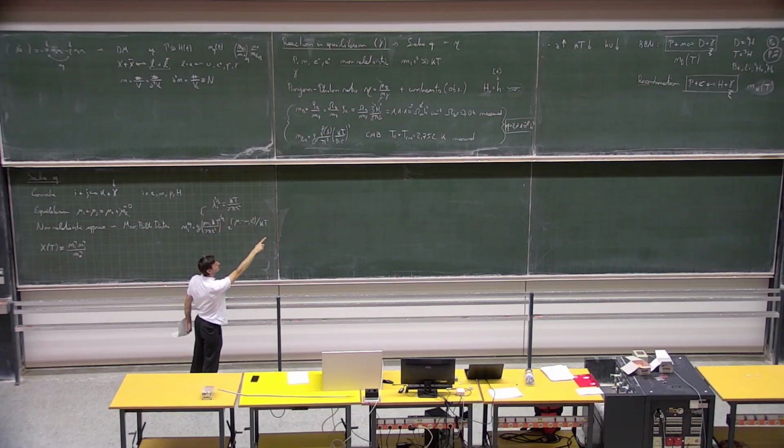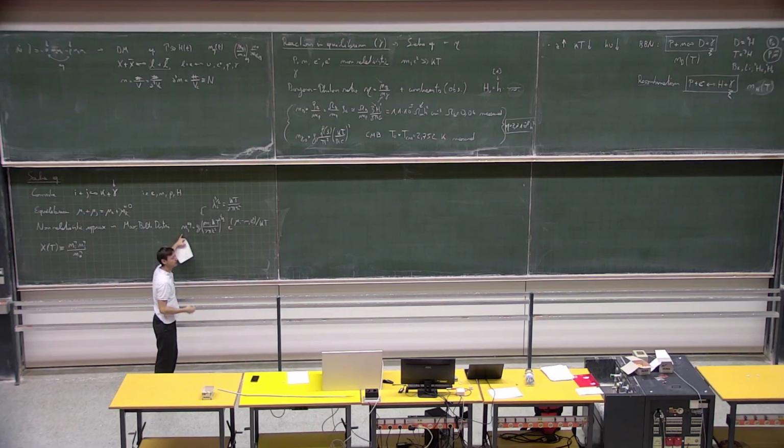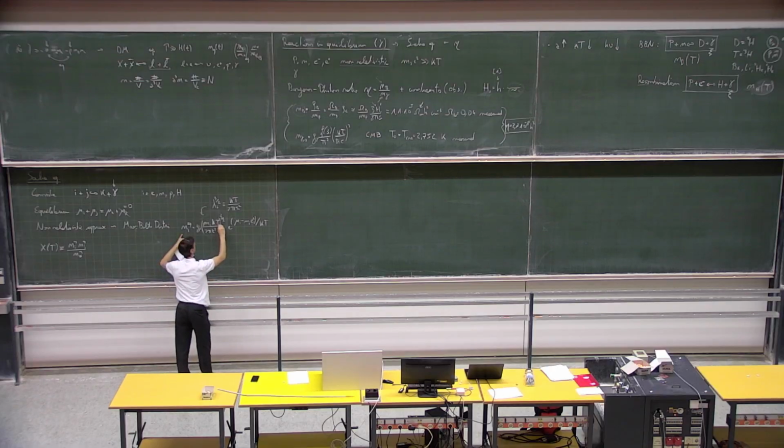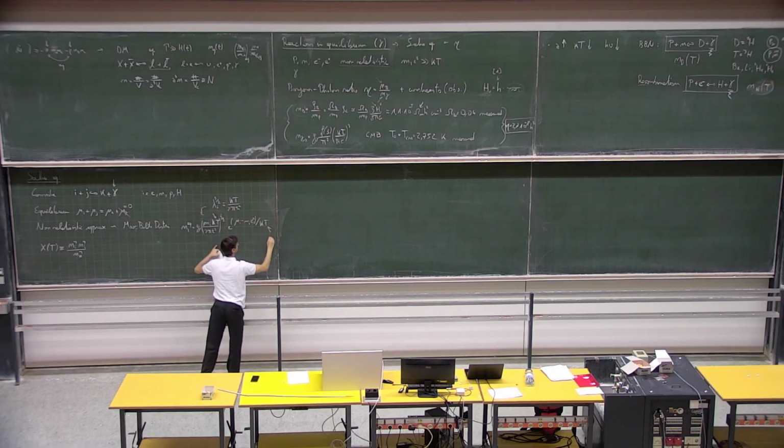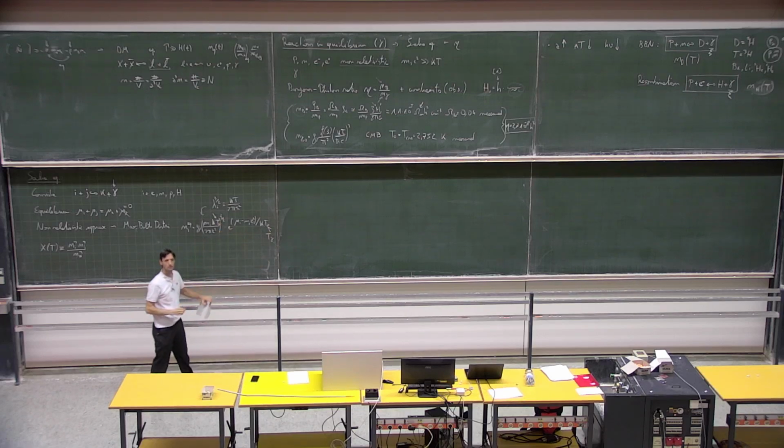This comes from the fact that we have 10 to the 8 photons for one baryon. They're ruling thermally. Therefore, in this equation, the photons are there. Where are they? Here. And here. That's T of the photons. So the important role of the photons is in setting the temperature.